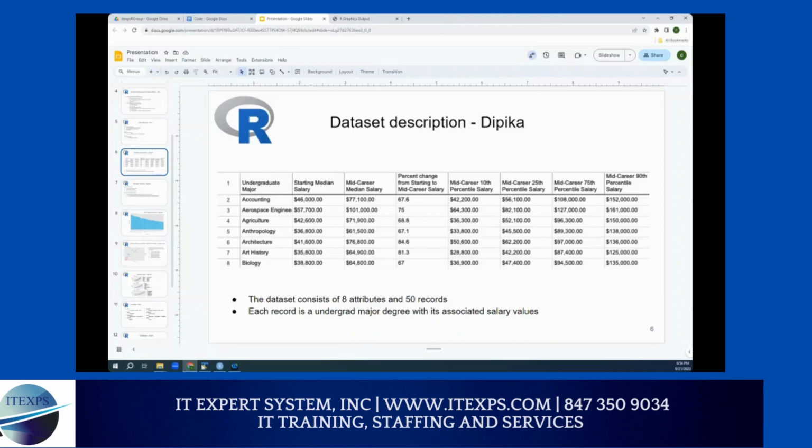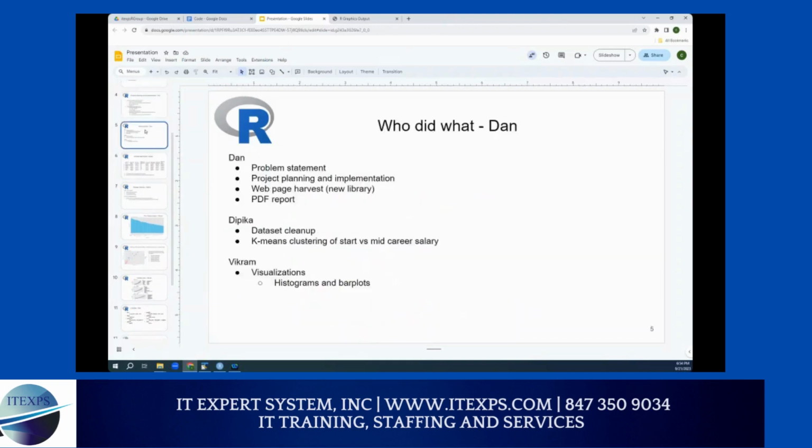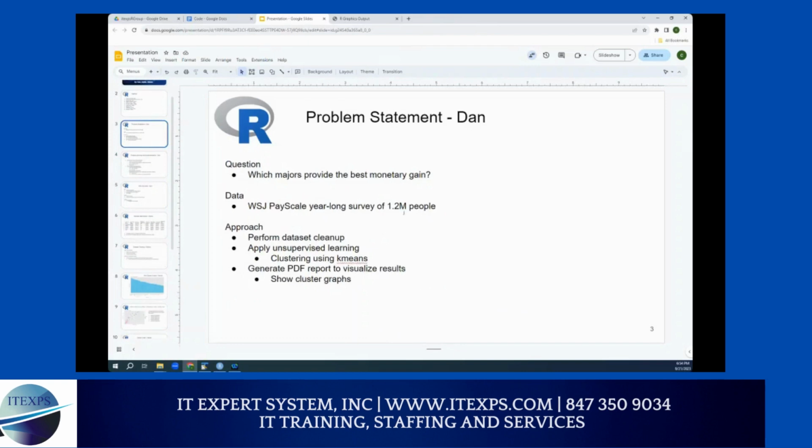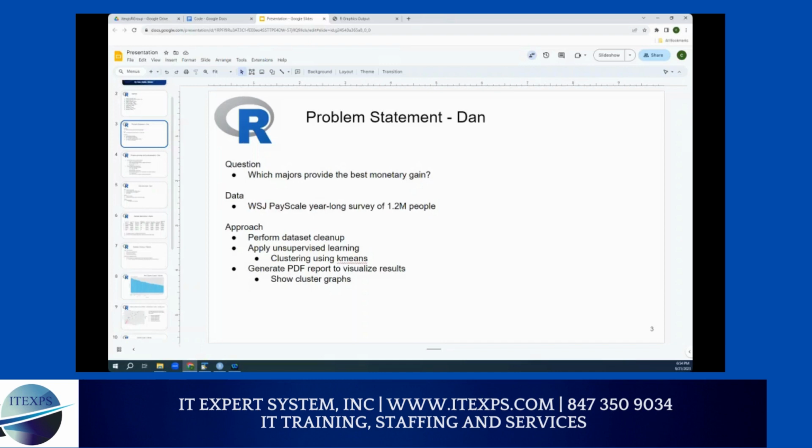Imagine they had 1.2 million people providing information from PayScale. We just took that data because that was the only thing they provided. They did not provide anything related to the actual 1.2 million records. That might have had location or whatever, but we just took what we had, and we have the link. But it's just 50. Perfect. 50 majors. Got it.